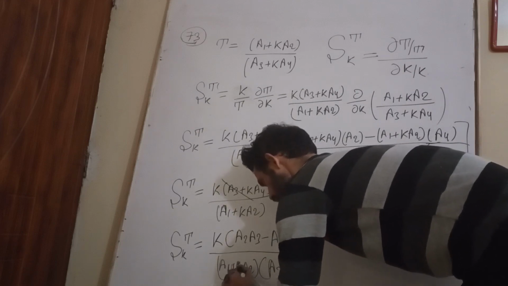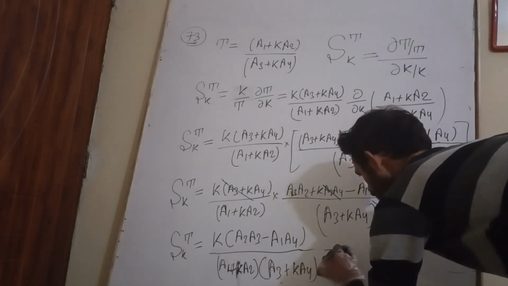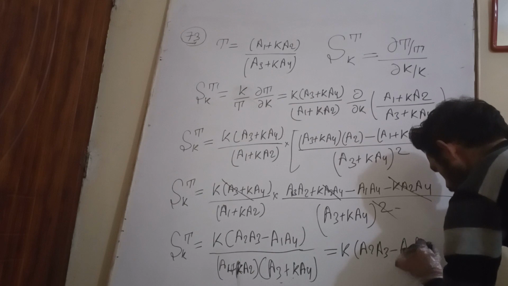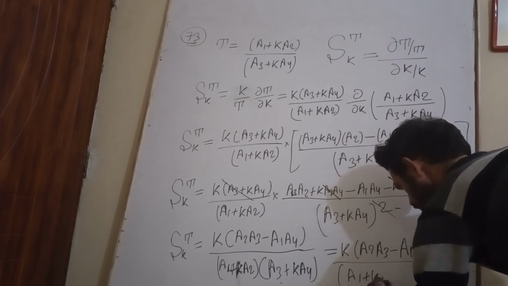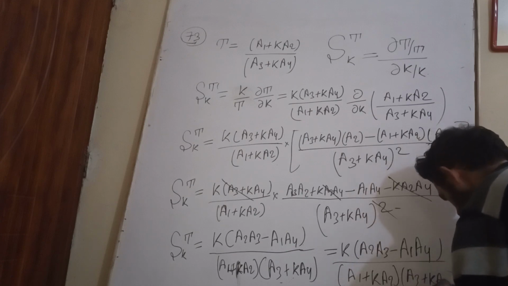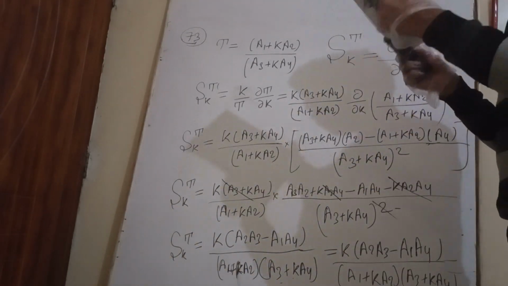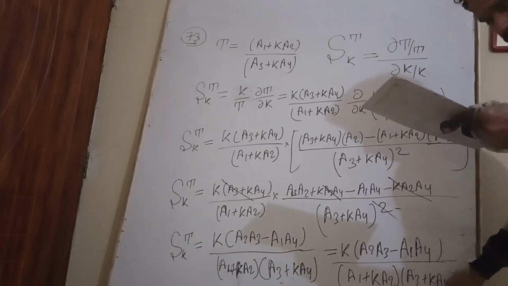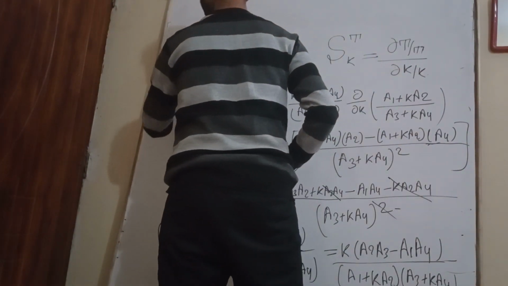So this is the final answer: k (a2 a3 minus a1 a4) divided by (a1 + k a2)(a3 + k a4). Hence, if you match the options, option A is correct.